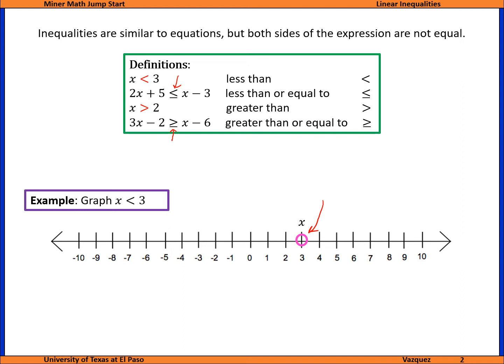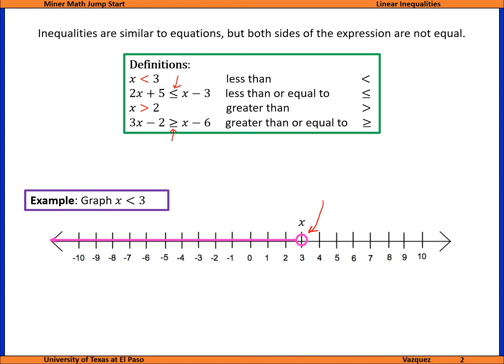It has to be less than 3. So that's why we're not going to shade it in. And then anything less than 3 will be to the left-hand side. So it will be that pink line, meaning x can be any value on the pink line, but it can't be 3 or anything greater than 3. So that's what that graph looks like.